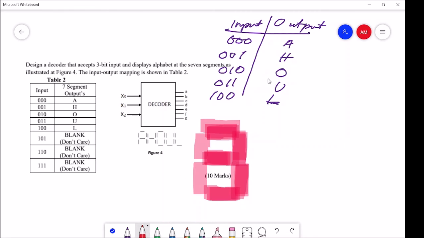Okay, we will label the segments as A, B, C, D, E, F, G, starting from right to left.